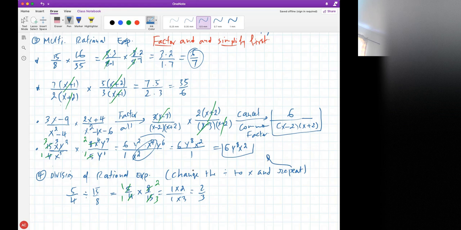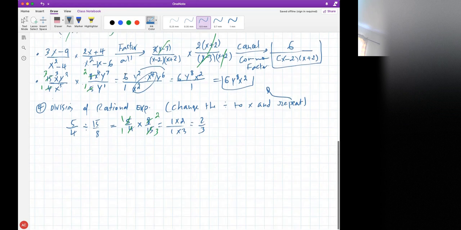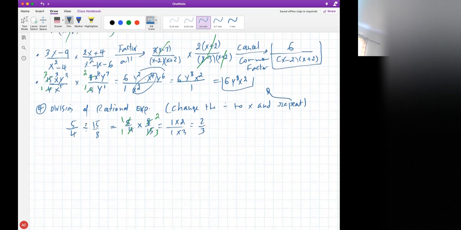So division is almost multiplication. So one step here, and we repeat the whole thing all over again. If you want to reduce it, you have to reduce this way, not this way. If it's a division, you may have to reduce this way. Or after you turn the division into multiplication, you cross simplify.